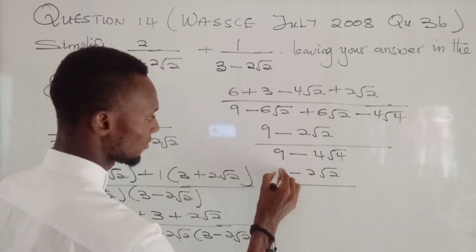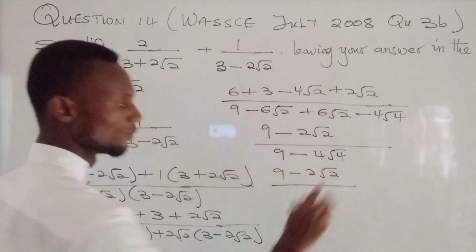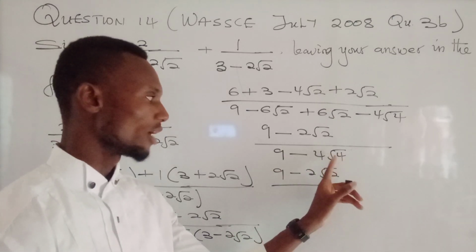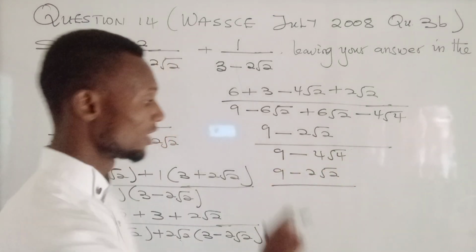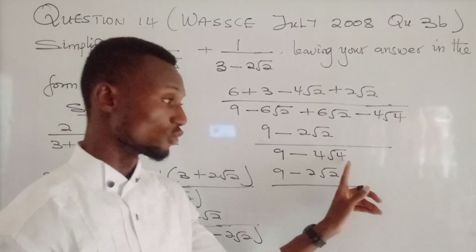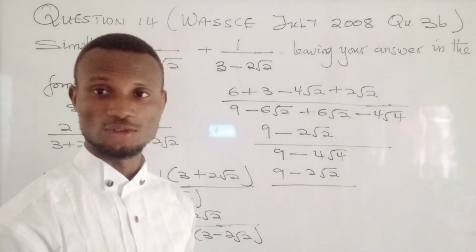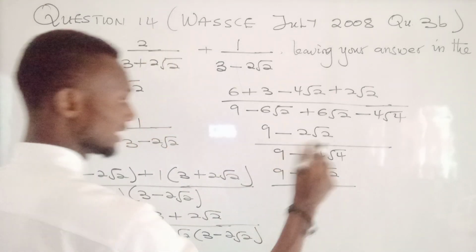Let me write the 9 well. So this denominator we have 9 minus 4 root 4. And this root 4, we know the answer for root 4. The answer for square root of 4 is 2. So we are going to put the answer there.